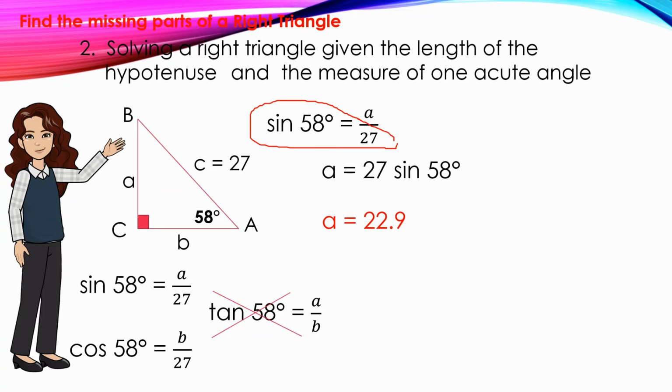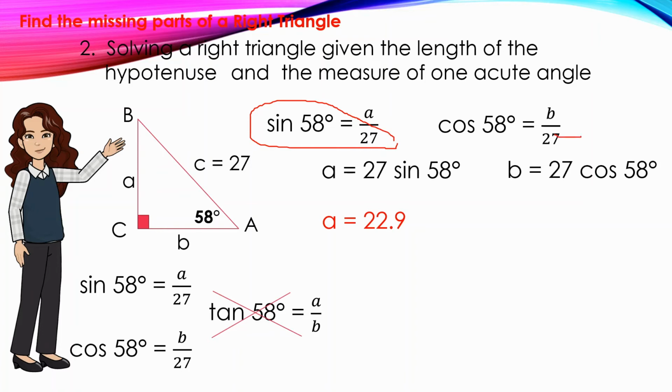So we have 22.8972. You are going to round off, so we have 22.9 units. That will be the measure of side A. Then the next part is cosine 58 degrees is equal to B over 27.